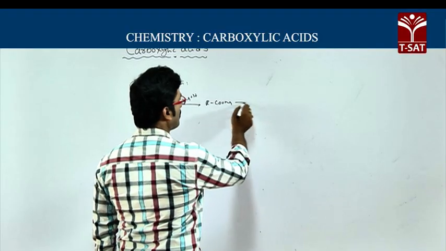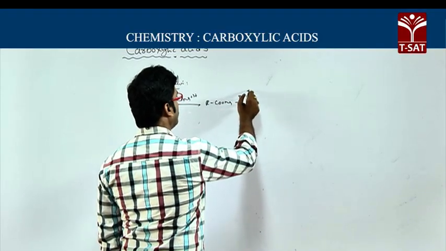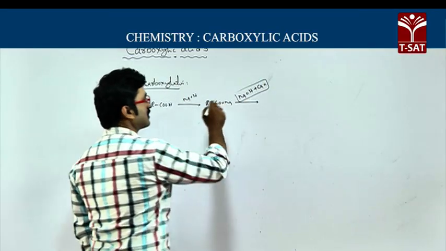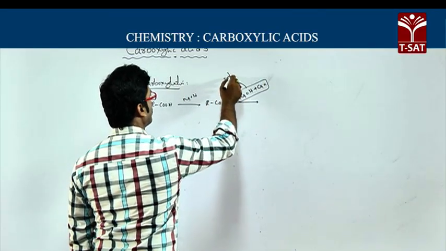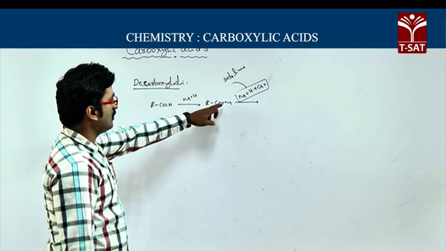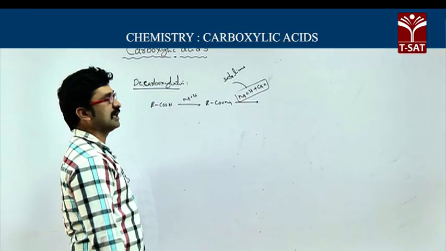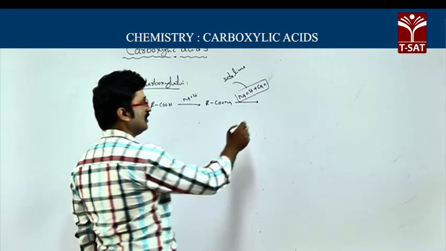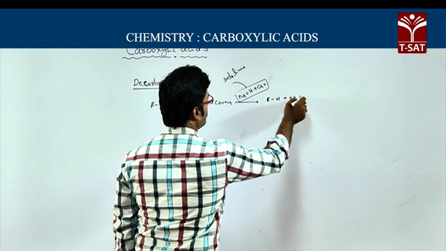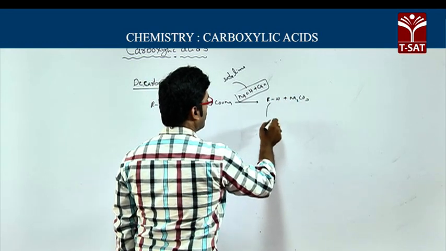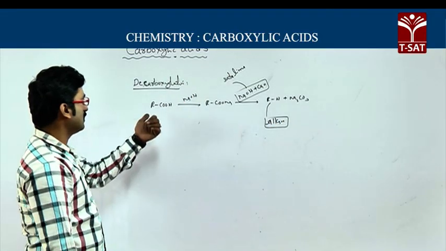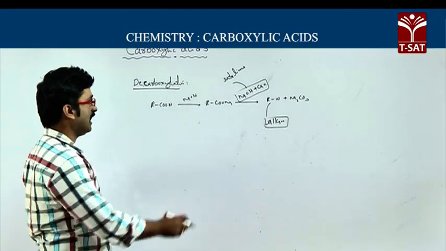The sodium salt of carboxylic acid on heating with a mixture of NaOH and CaO, this mixture is called soda lime, gives RH plus Na2CO3. Here you get an alkane having one carbon atom less than the corresponding carboxylic acid.